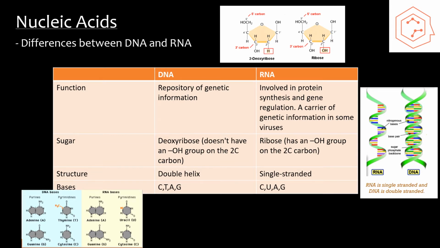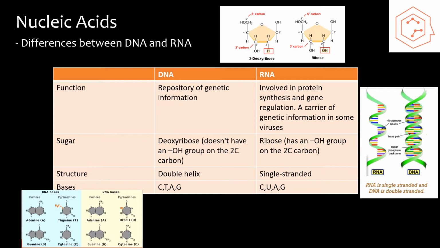Now let's talk about the differences between DNA and RNA. I sort of mentioned a little bit in the previous slides, but it will be more evident in these ones. So the function of DNA is storage of genetic information, whereas RNA is involved in protein synthesis and gene regulation, and it is a carrier of genetic information in some viruses.